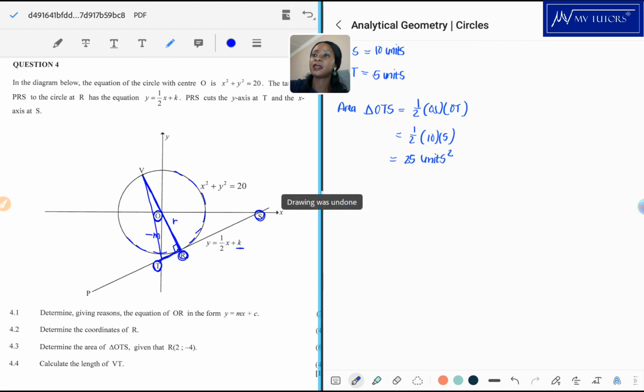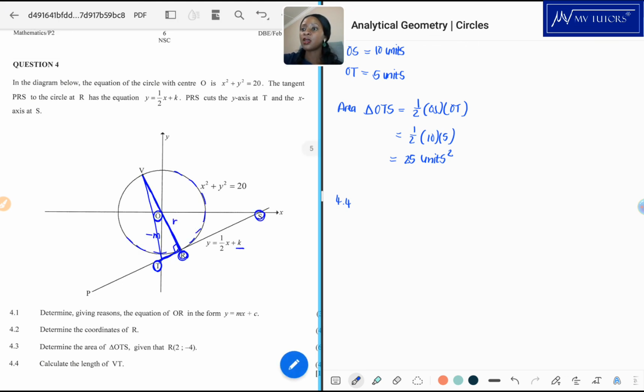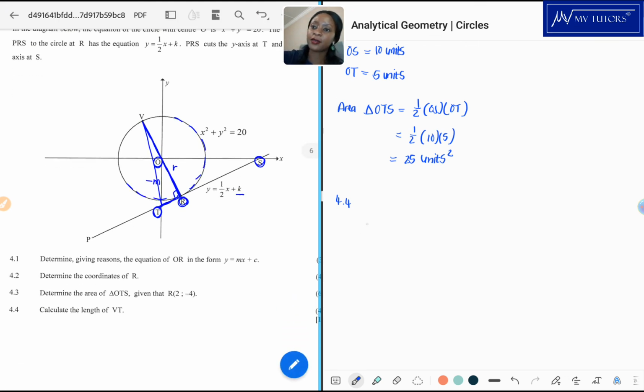So if we look at that triangle there, if I were to redraw it here, what do we know? That is V, that is R, okay, and that is T.